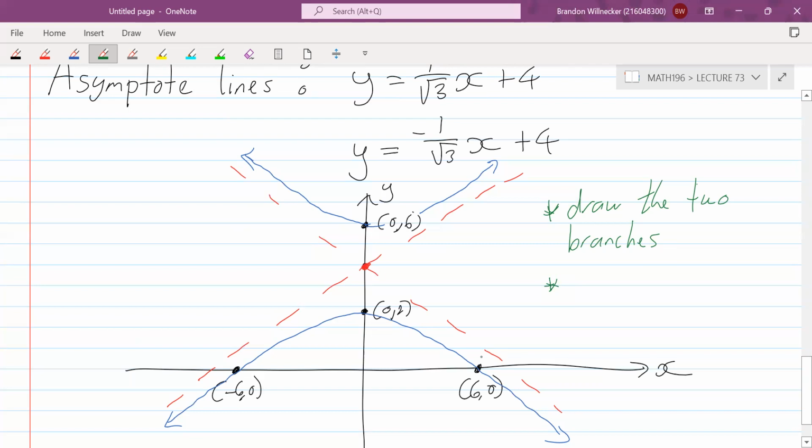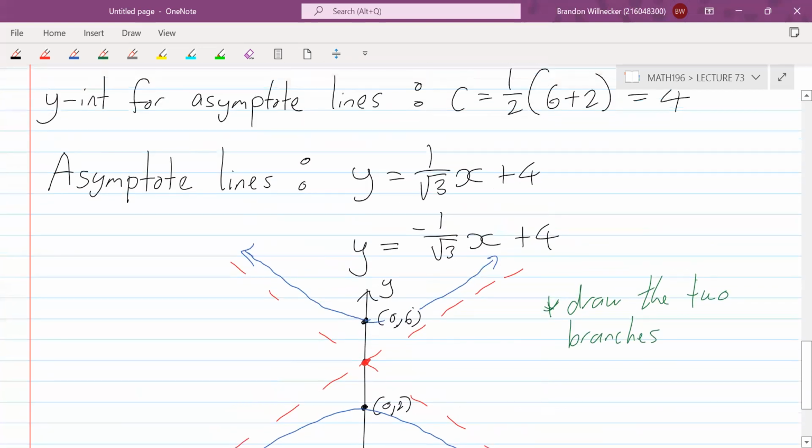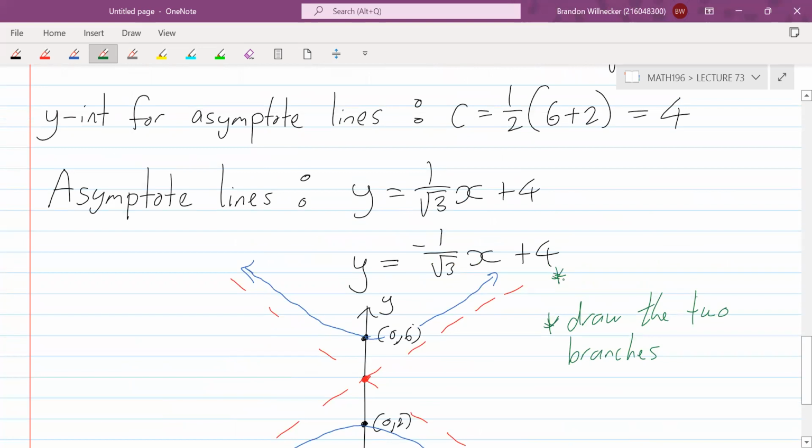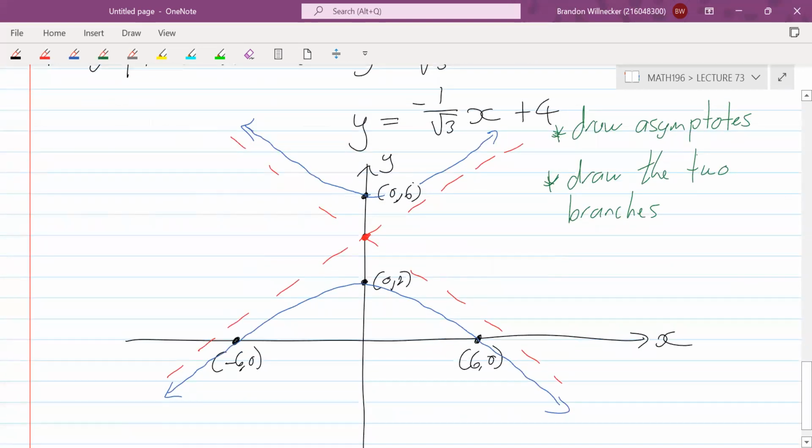It's a bit easier to draw the hyperbola after you know where the asymptotes are. So maybe I should put that first here. Draw asymptotes and then draw the branches. And then you draw the branches like that.